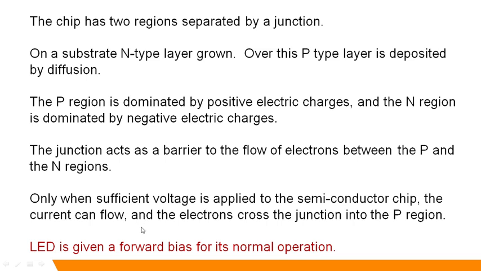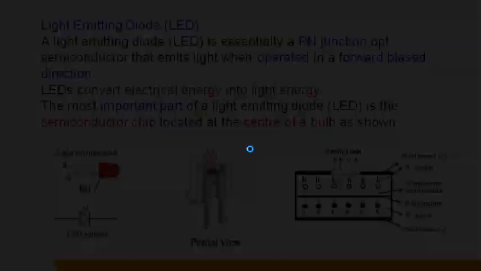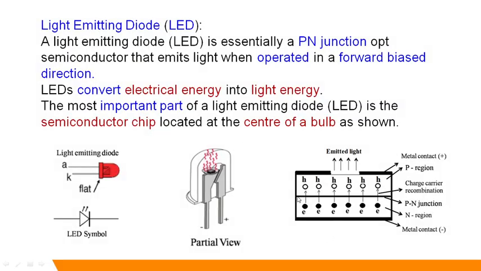How is that chip? This chip has two regions separated by a junction on a substrate. You can see here the chip has two regions separated by this junction. See, this is the metal contact on which there is an N type semiconductor.